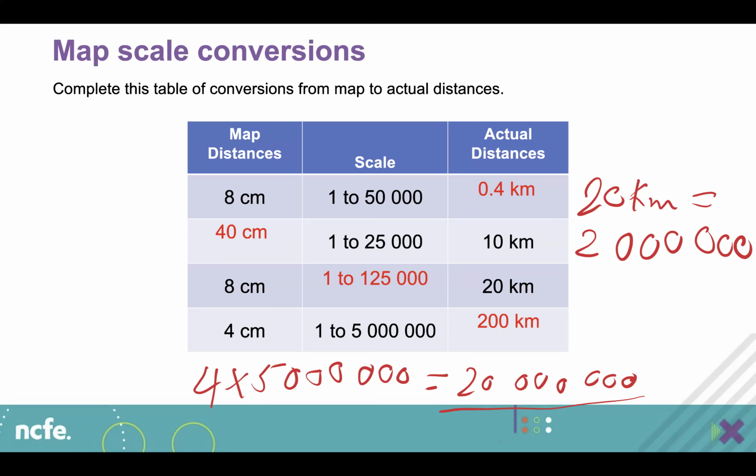So 20 million divided by 1,000, which equals 20,000, divided by 100, which equals 200 kilometers. So it becomes 200 kilometers.